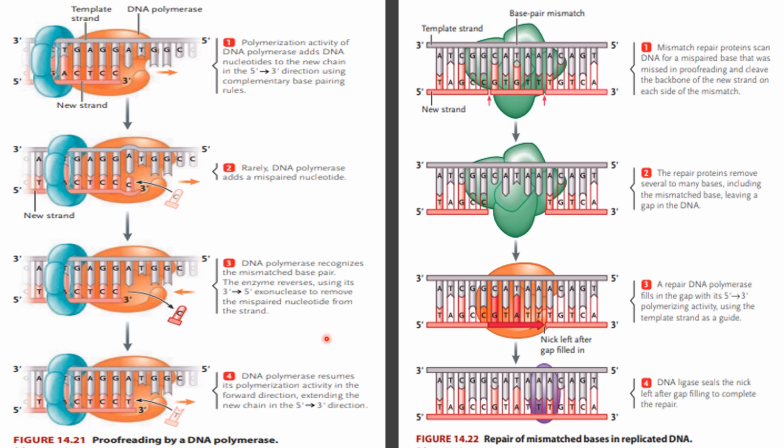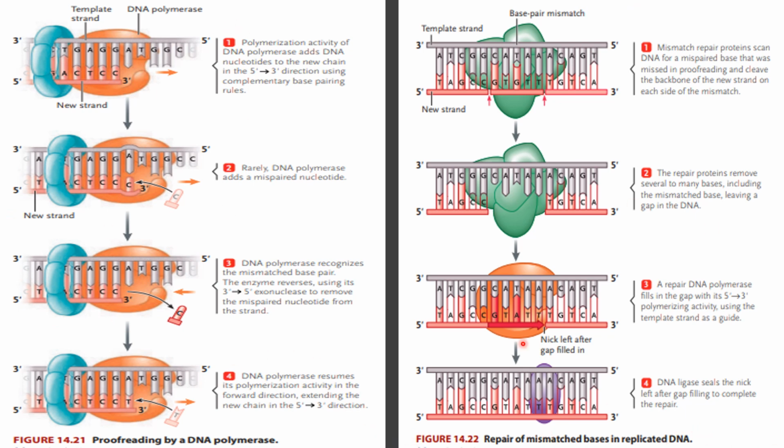The enzyme reverses using the 3' to 5' exonuclease to remove the mispaired nucleotide from the strand. DNA polymerase resumes its polymerization activity in forward direction, extending the new chain in 5' to 3' direction. So this is the proofreading method by our DNA polymerase.